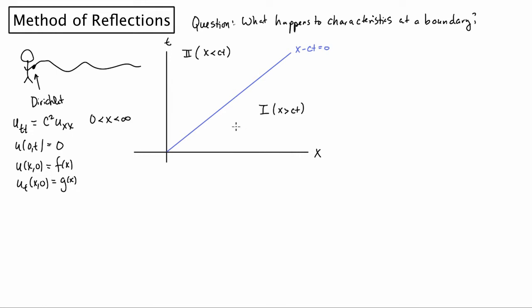So for any point in region 1, if you backtrack the characteristics, so I need to make it parallel to this blue line, so backtrack, and then we need a perpendicular, something like that.